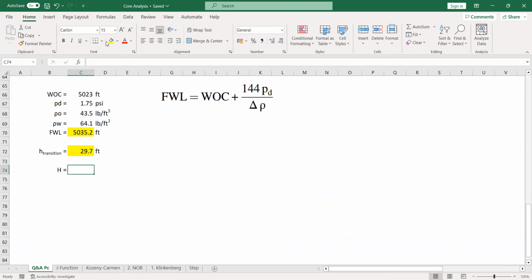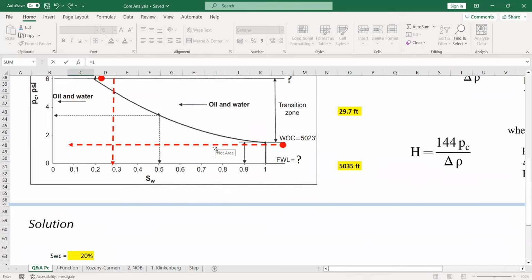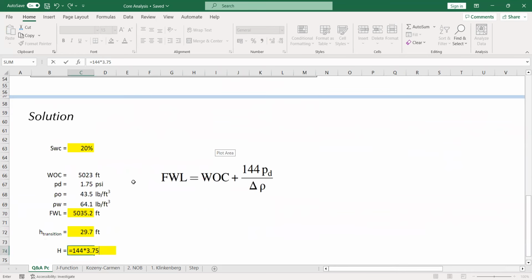And of course, this is 144 multiplied by this capillary pressure at water saturation of 50%, which is 3.75 here, all right, or maybe 3.5. And then divided by the density difference.